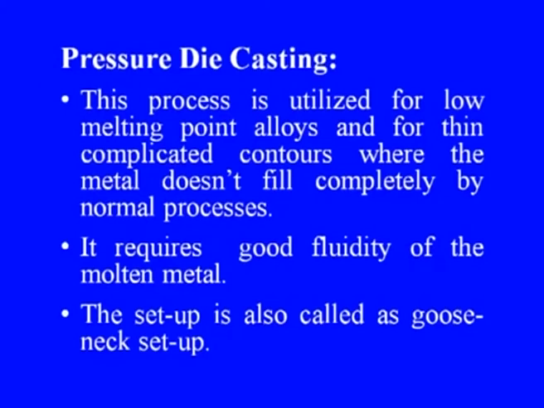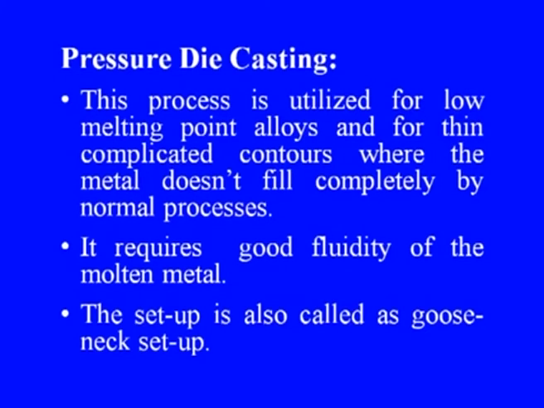The next process in this series is pressure die casting. This process is utilized for low melting point alloys and for thin complicated contours where the metal does not fill completely by normal processes.